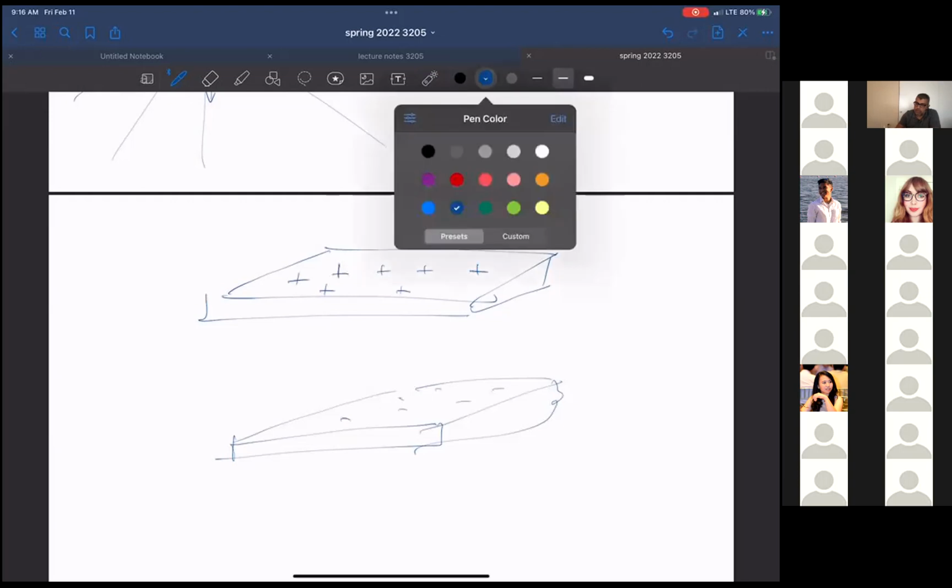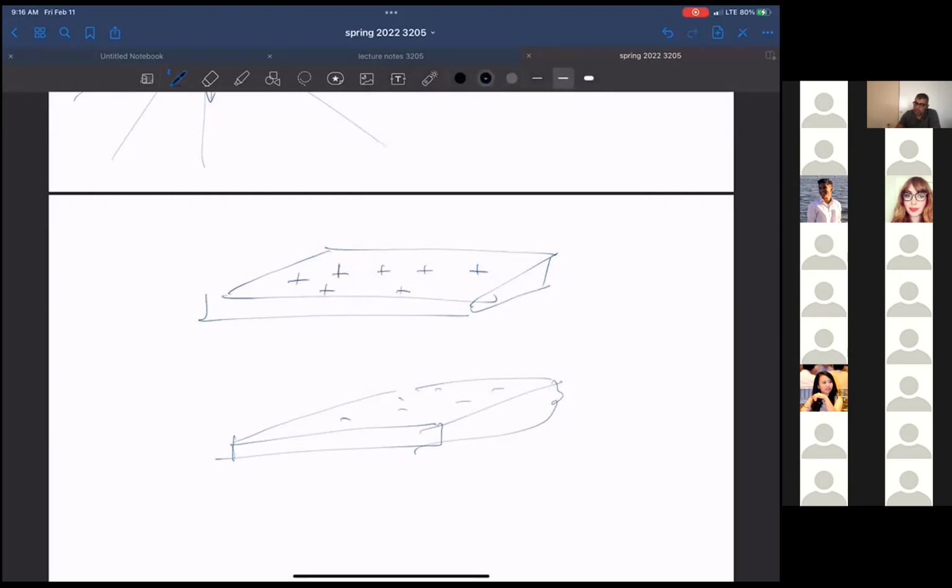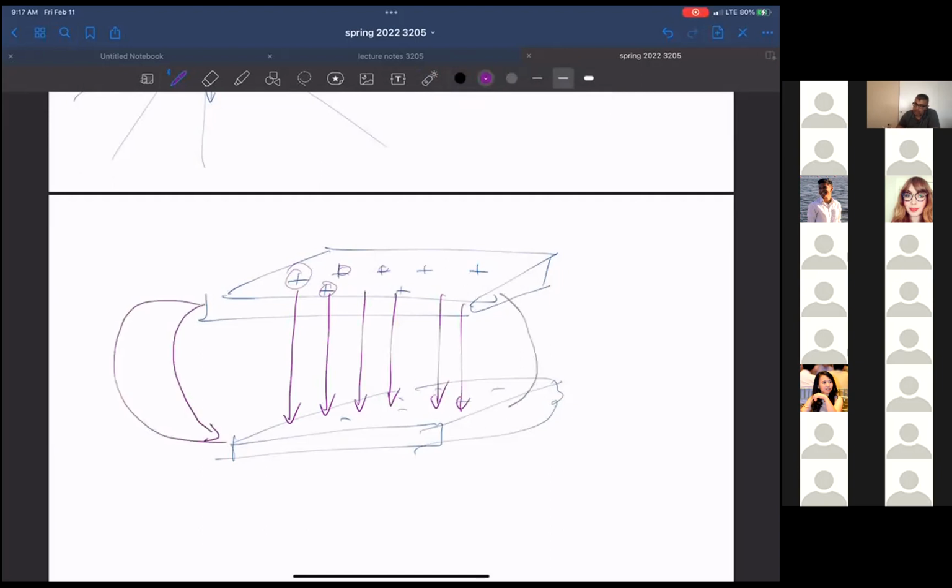You do it the same way, thinking about each one independently, and you'd have electric field lines going like this. Around the periphery they do funky stuff, but here they would just look like straight lines. So that's a sort of capacitor.